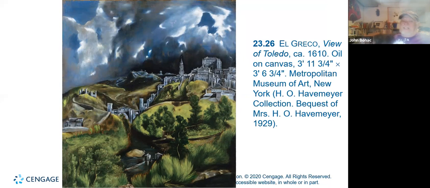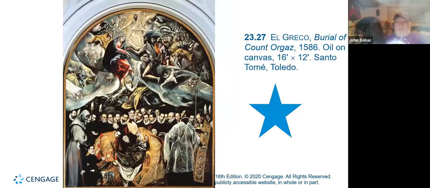And you see that in the distance, and you see the threatening clouds. You actually see a lot of the brushwork too. This painting could have been made in the 20th century. And as a matter of fact, El Greco was someone that a lot of the 20th century painters looked to.